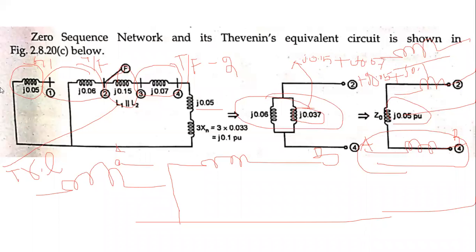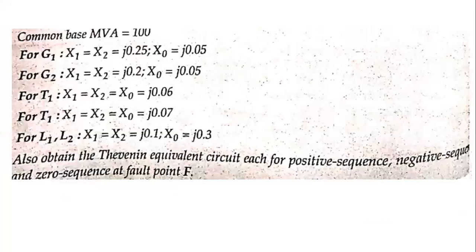This is the positive sequence, negative sequence and zero sequence for the given network, and also the equivalent Thevenin's reactances. Understand? Once again we observe the positive sequence network.